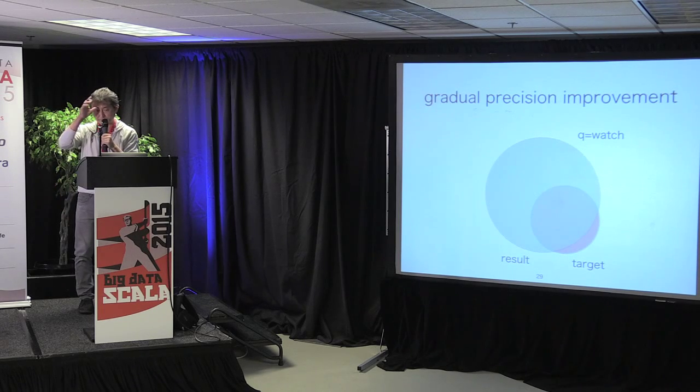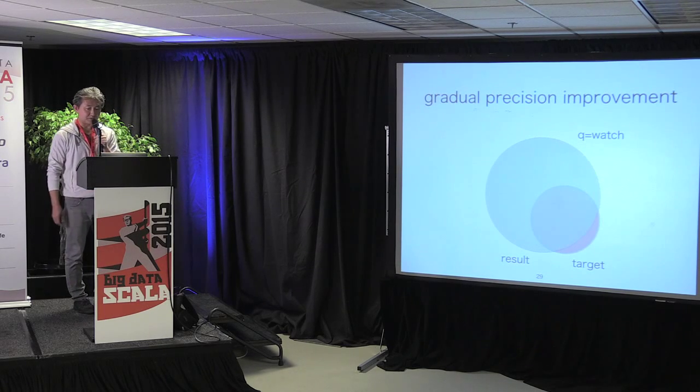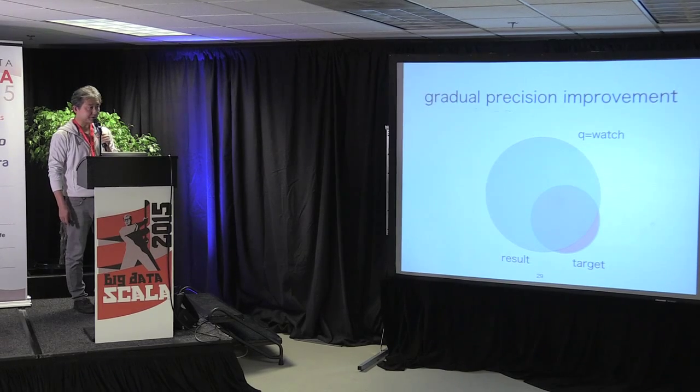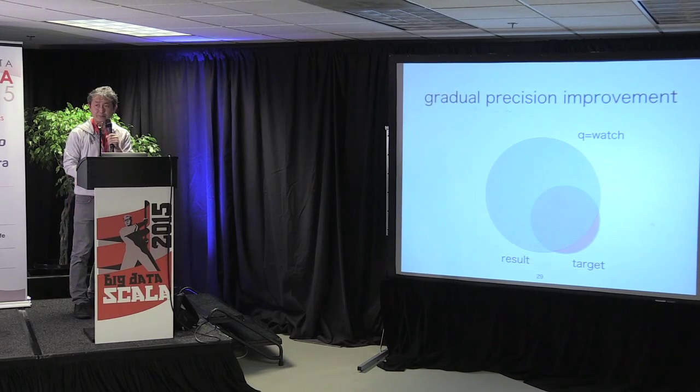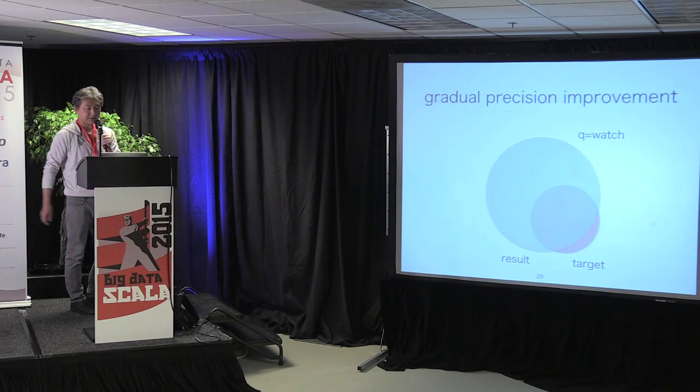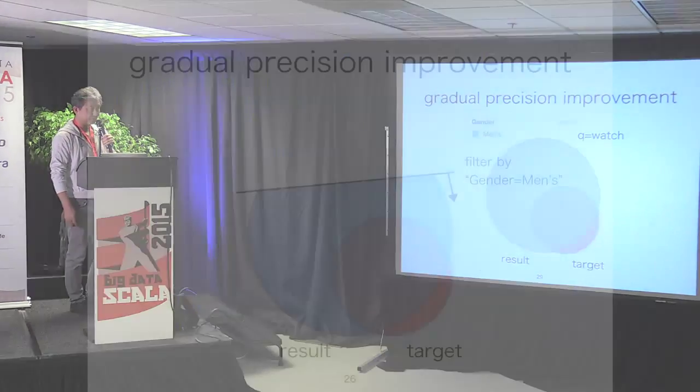Then you get many watches displayed on your screen. This blue circle is the set of watches you got. It should cover almost all watches you want to check. But if it stays as it is, you would have a hard time finding watches you like because you have so many unwanted watches in your result list.